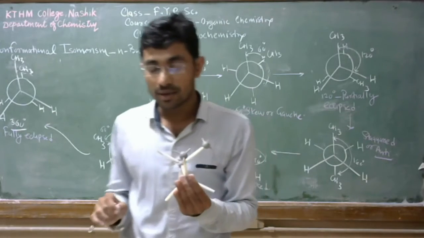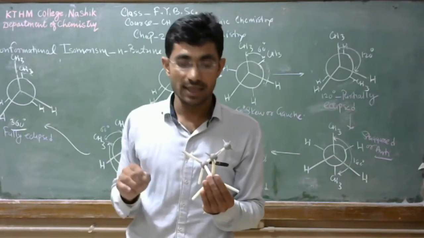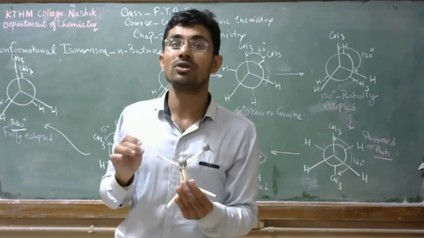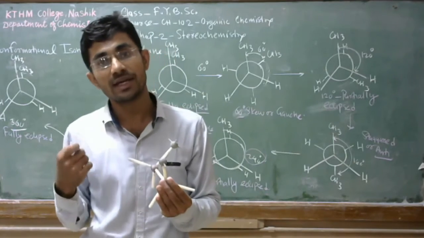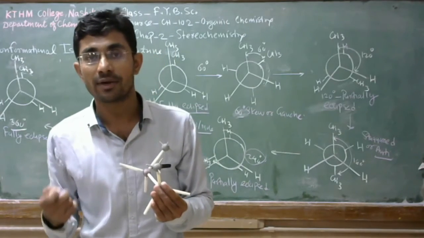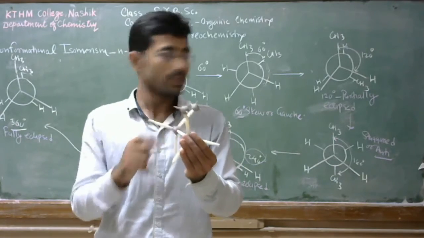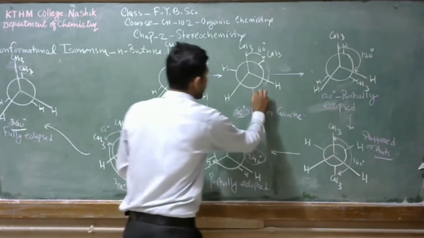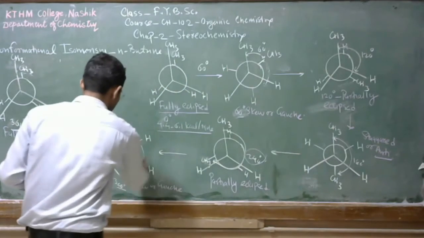In this conformation, these two methyl groups show the gauche interaction, and because of that, this conformation has an energy of 0.8 kilocalorie per mole. How much? 0.8. Here also the angle between the methyl groups is 60.